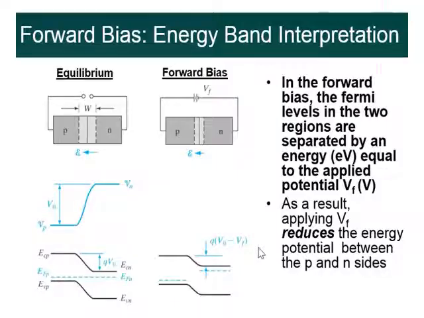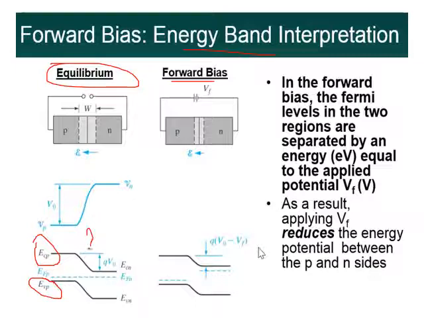So moving further, the energy band interpretation. We know that we have something called the conduction band, and something called the valence band, right? And first, before taking the forward bias condition, let me take equilibrium. Yesterday we discussed how this is formed.